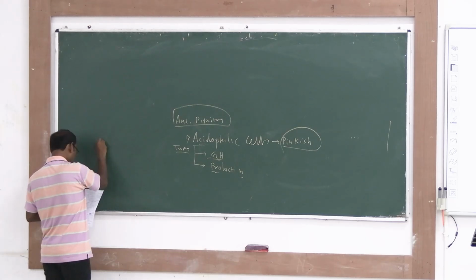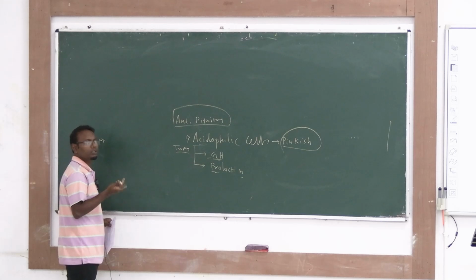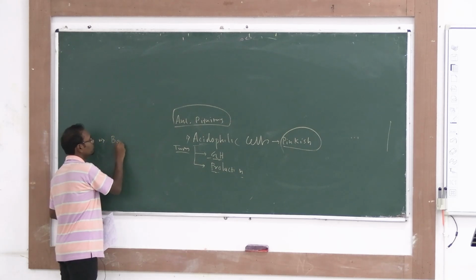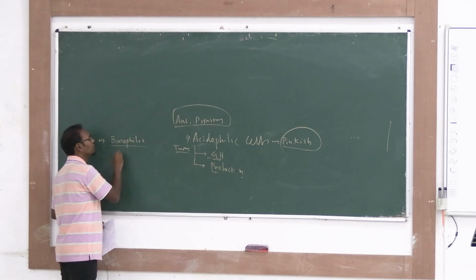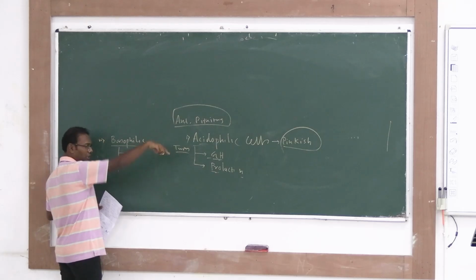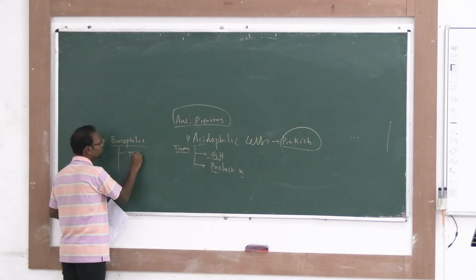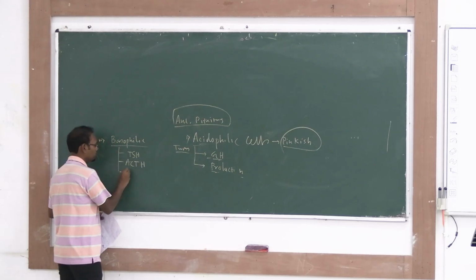Secondarily, another kind of cell is there, what will the other cell be? Basophilic cells. So the remaining 4 will be released from the basophilic cells. Now tell me their names one by one, the ones that were written there: TSH, ACTH, and FSH and LH.